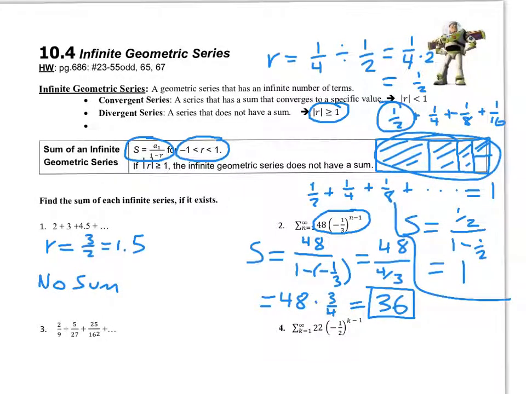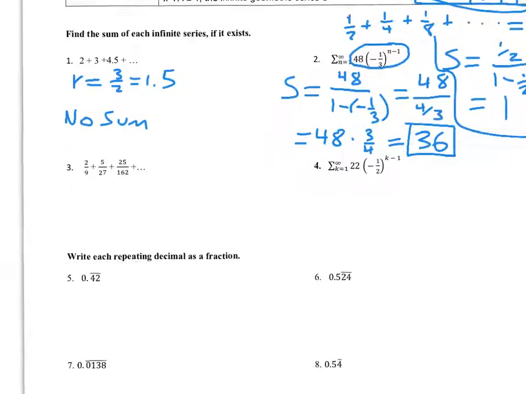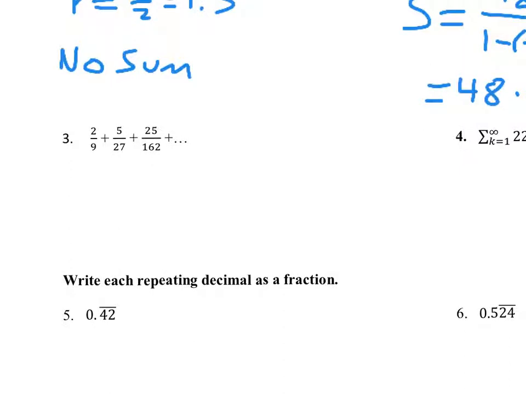Okay, for number 3, first find r. The way to find r is to take any term except for the first term and divide by the term before it.